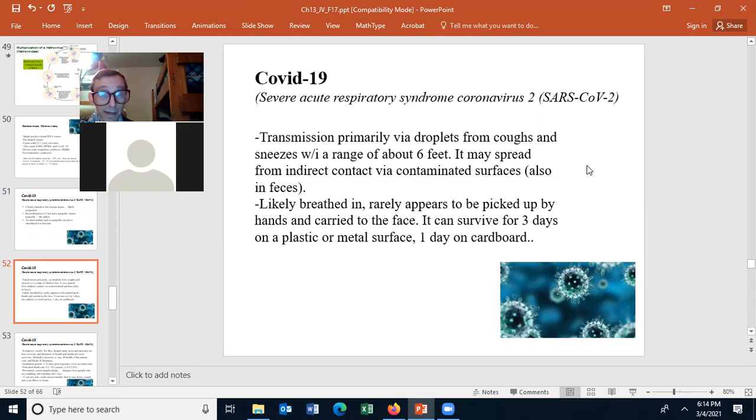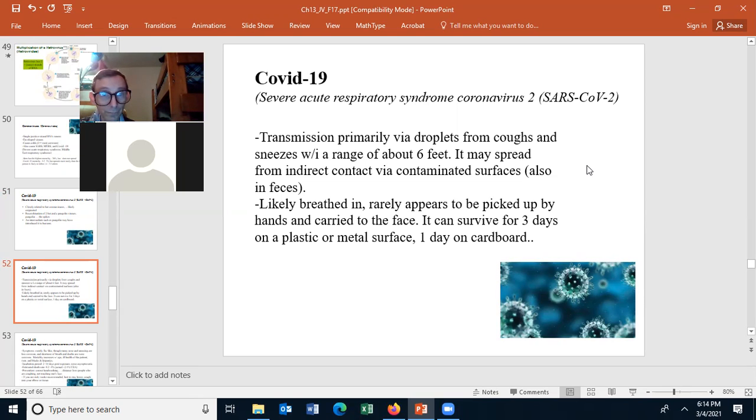It's likely breathed in. It rarely appears to be picked up by the hands and then carried to the face. And that's kind of surprising because most colds and flus, we actually pick it up on our hands and then we inoculate a mucous membrane on our face. And that's how most colds and flus are transmitted. But coronavirus, not always, but most of the time you actually breathe it in.